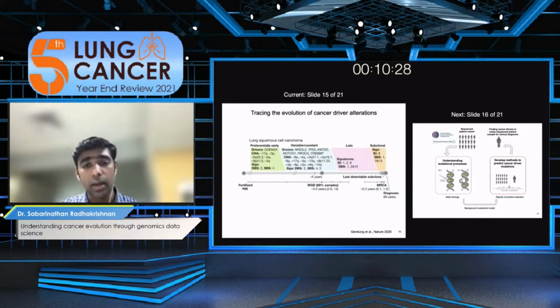And here, by looking at the copy number together with the mutation, we could say that CDKN2A is the early driver event, and then followed by the different driver events that have happened, like TP53, KMT2C, NOTCH1. And these were defined based on how many cells within the tumor tissue share these mutations, and then whether the copy number change has happened together with these mutations or not.